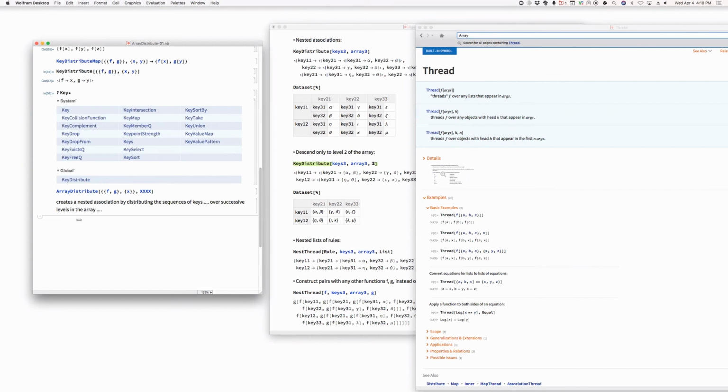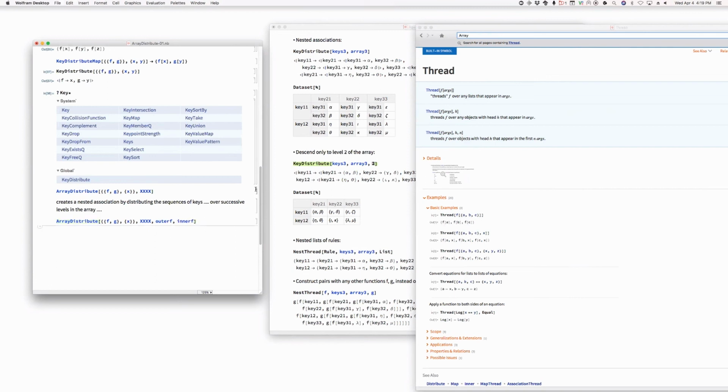But remember, then the other case is array distribute. Okay, so do we need the level? I claim we don't need the level spec. I don't think we need the level spec. And then we need the outer and the inner functions, right? Right.